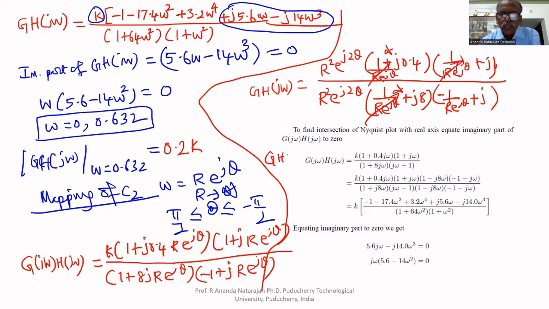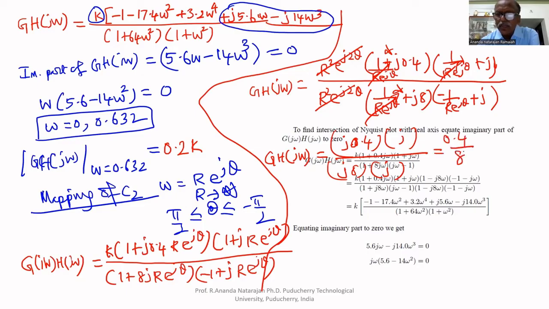Therefore, the r e power j theta also gets cancelled. Finally you will get j 0.4 multiplied by j upon j8 multiplied by j. All the j's get cancelled. Therefore, you are getting 0.4 divided by 8.